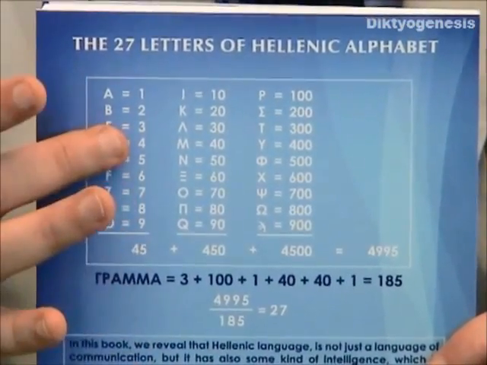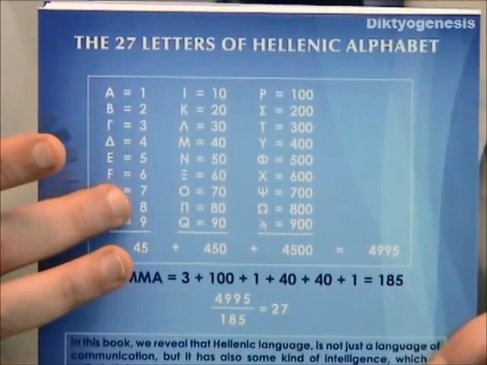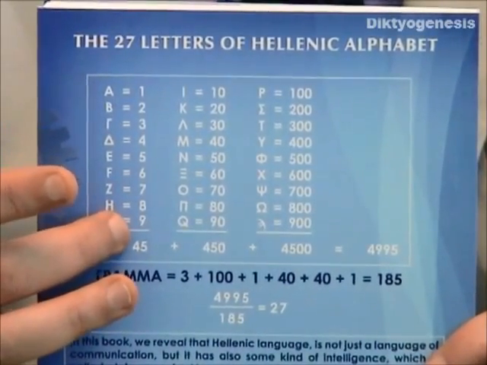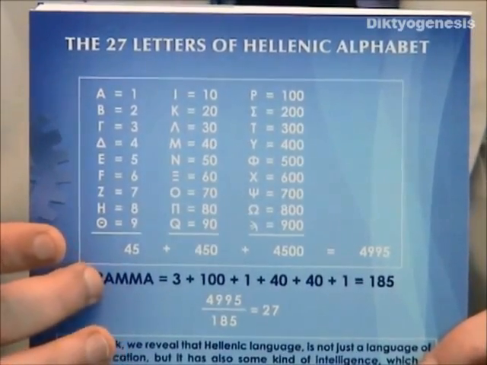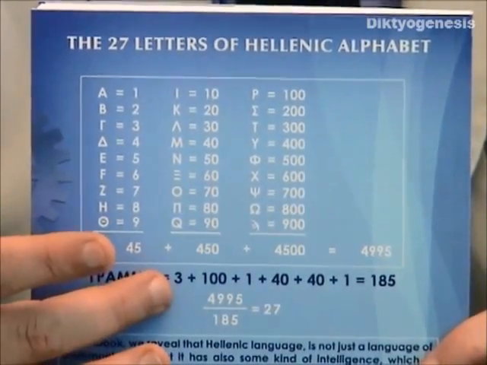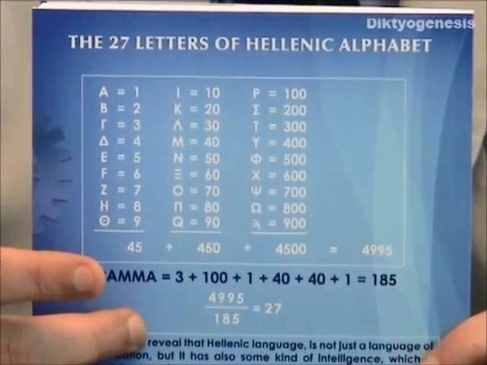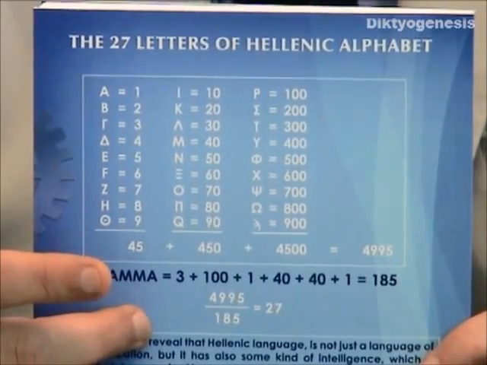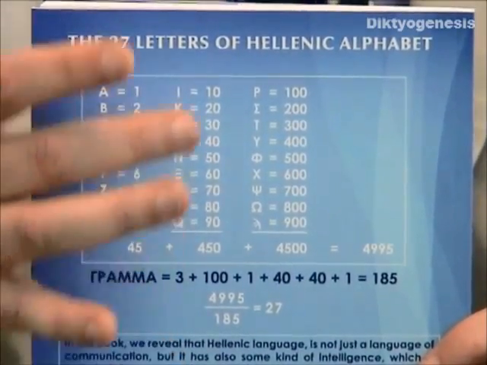For example, alpha is equal to 1, beta is equal to the number 2, gamma is equal to 3, delta equals 4, epsilon equals 5, stigma in Hellenic equals the number 6, and zeta 7, eta 8, and theta 9.